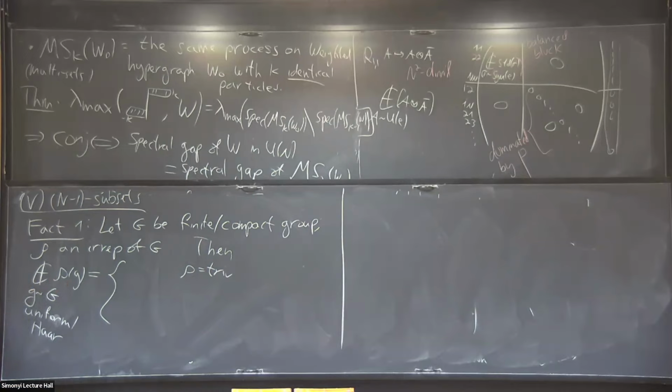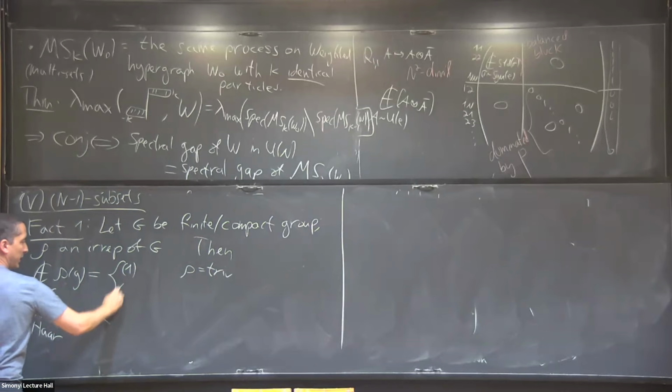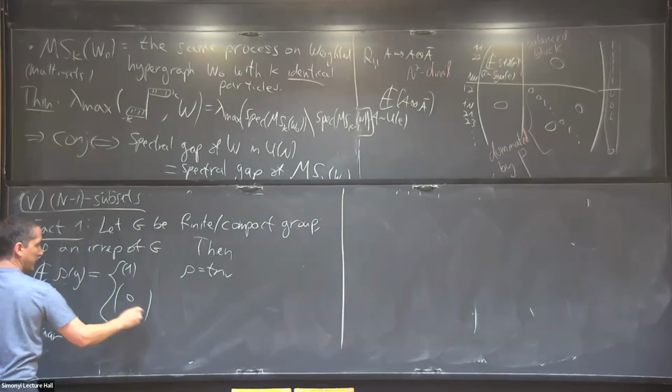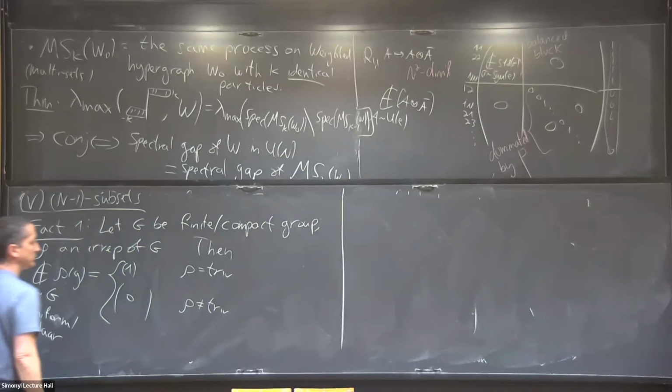And so the average is, of course, 1. You can't expect anything else. And otherwise, I just get a 0 matrix. Okay, so this is just a fact. It basically follows from Schur's lemma, for those who know it.